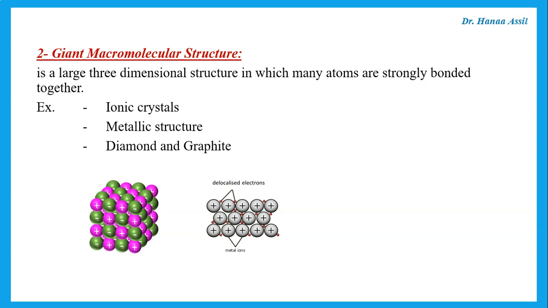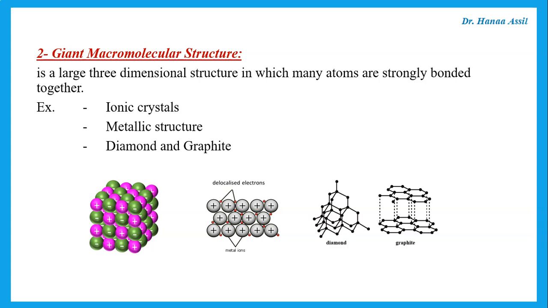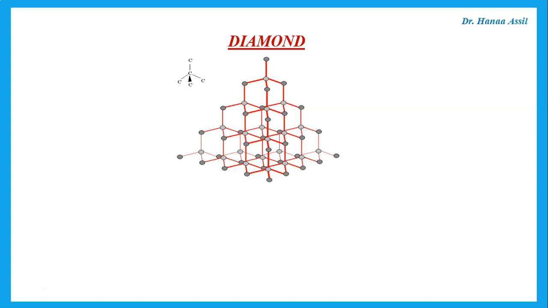Metals are many atoms in regular rows, closely packed with a sea of delocalized electrons. Diamond and graphite have many carbon atoms that have strong covalent bonds between them. All of these are called giant structures or macromolecular structures.